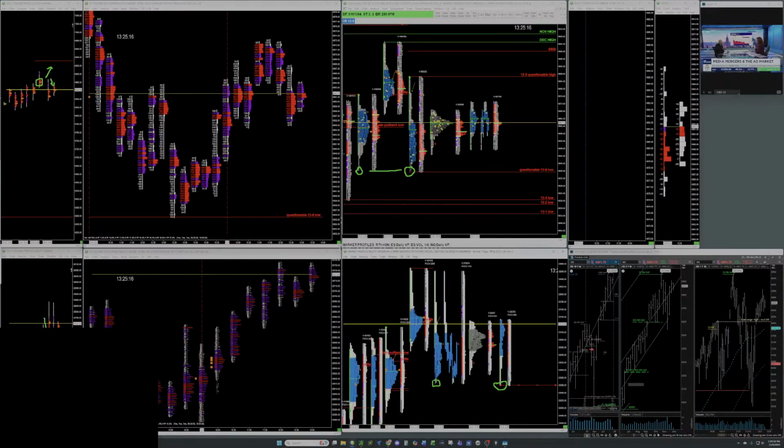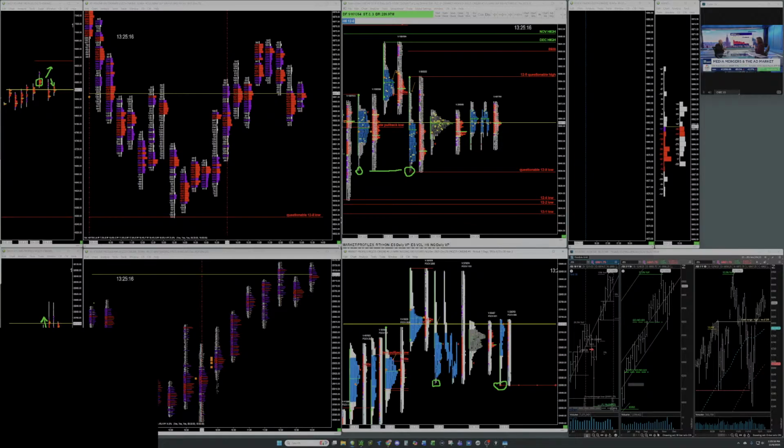Nasdaq showed continuation the previous day. So these markets are not in sync. There are some small signs that I can see showing me that the markets are not in sync, or at least the ES and Nasdaq.